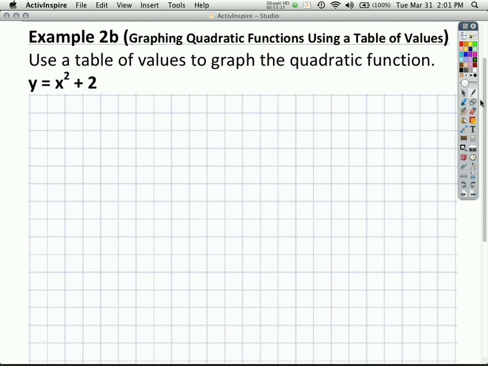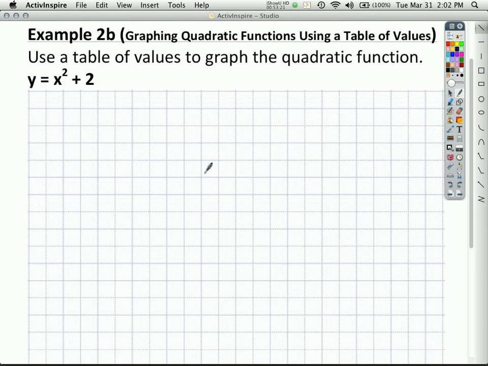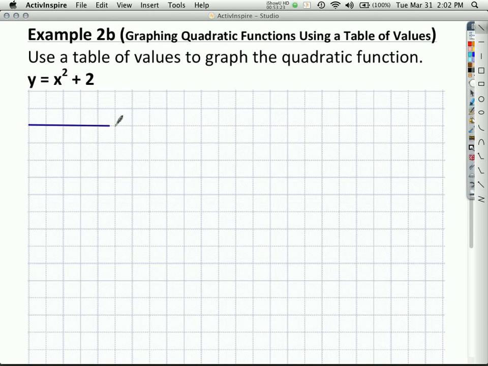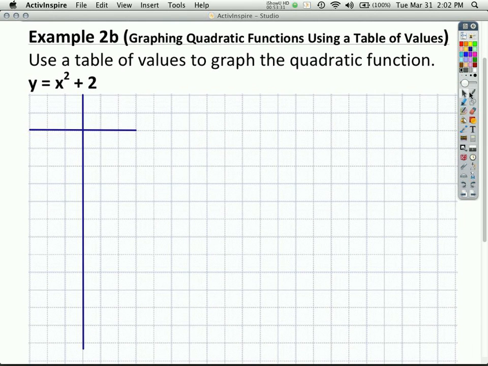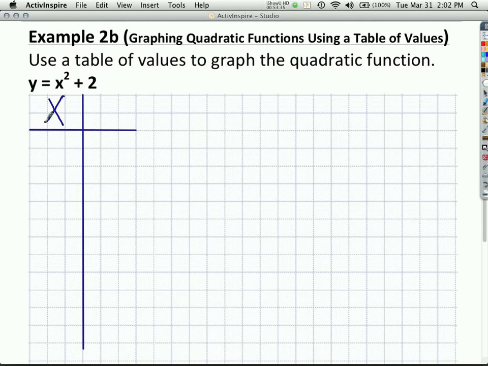So we're now going to graph the function y equals x squared plus 2. And again, we're going to use a table of values to graph.